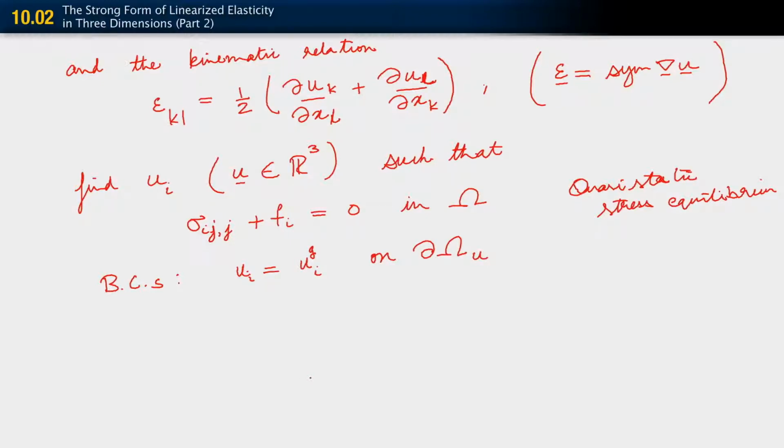So if you look at the PDE, what we need to recall is that i, j equals 1, 2, and 3.